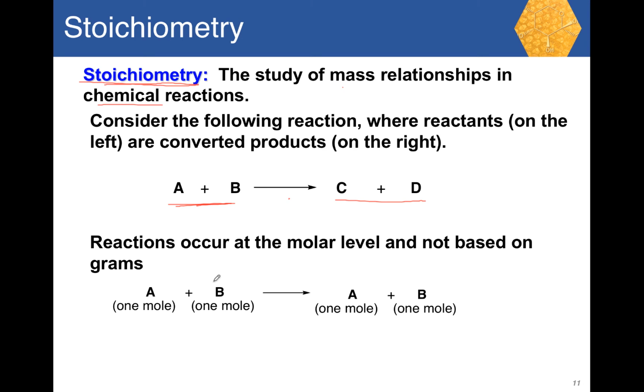That's why we balance the equation to make sure that the atoms on the left equal the atoms on the right. So what really happens is 1 mole of A reacts with 1 mole of B to form 1 mole of, by the way, this should be C, and 1 mole of D.